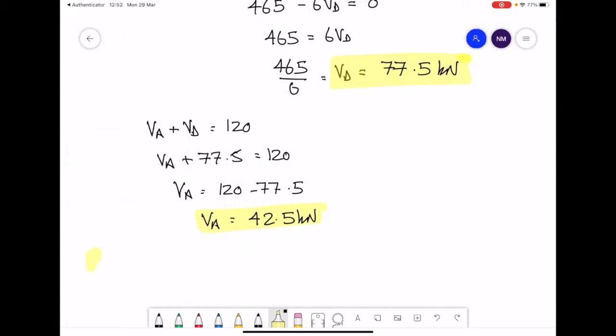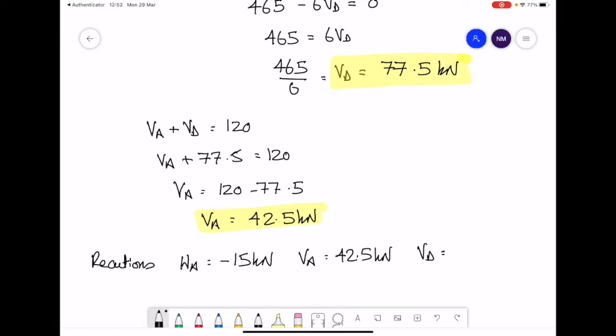So for the reactions, we have HA is minus 15 kilonewtons, our VA is 42.5 kilonewtons, and our VD is 77.5 kilonewtons.